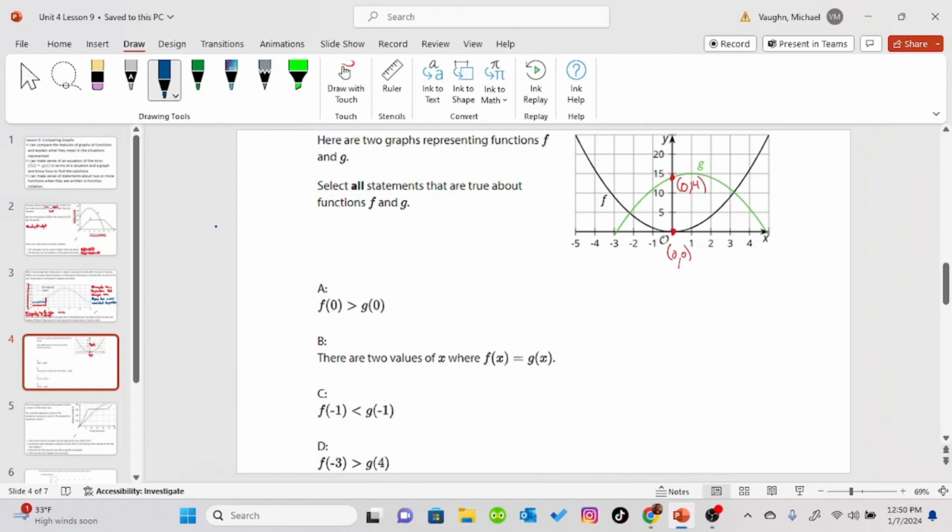B. There are two values of x where f of x equals g of x. This is true.